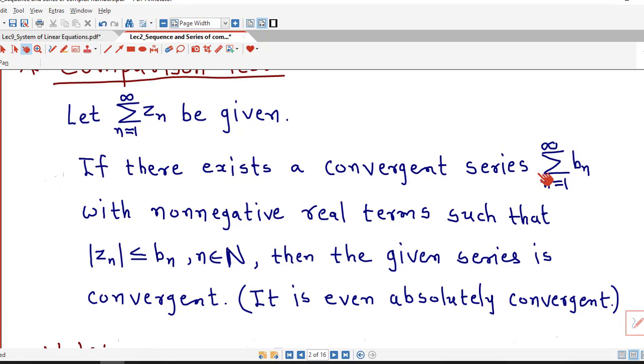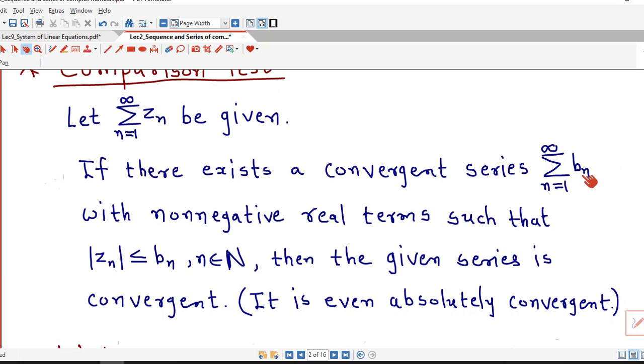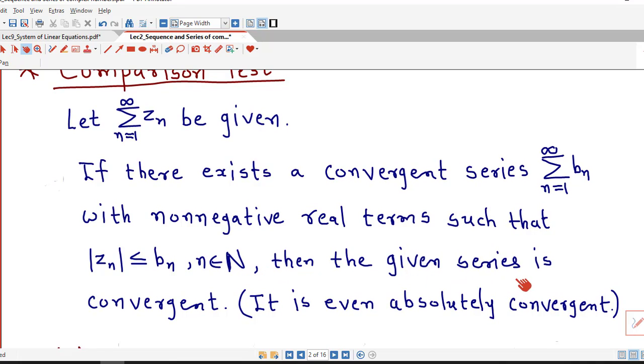So if there exists this non-negative series of real numbers sigma Bn such that the absolute value of Zn is less than or equal to Bn for every n, then the given series is convergent if this sigma Bn is convergent.